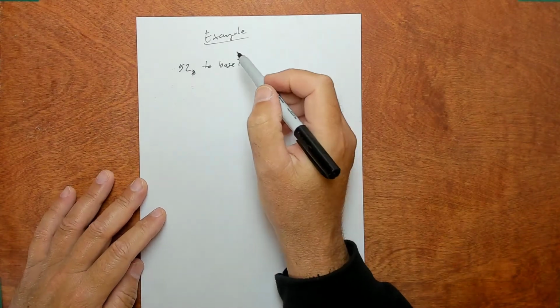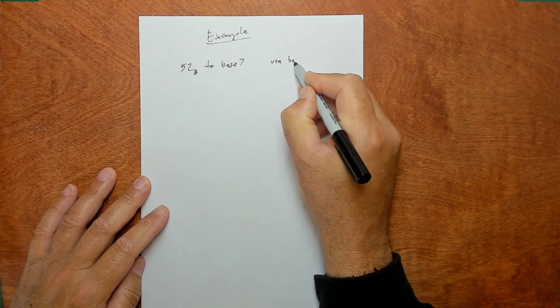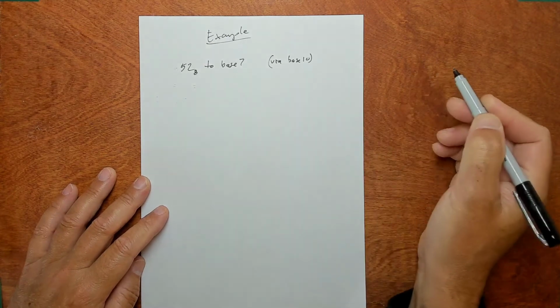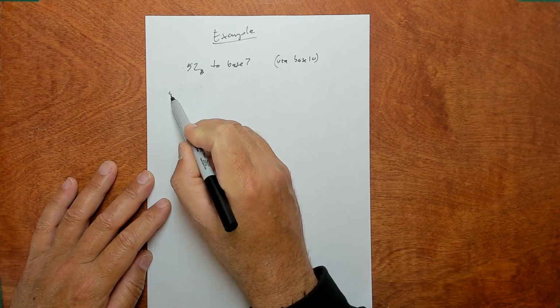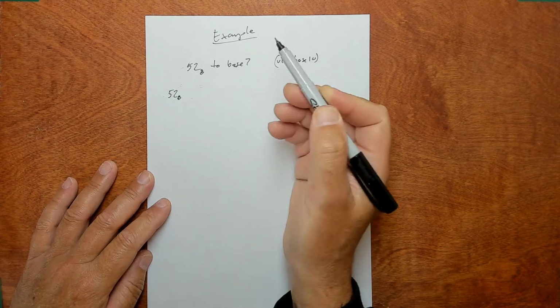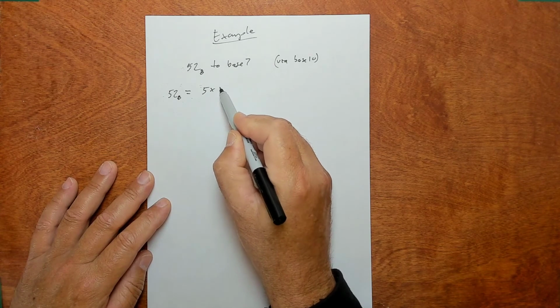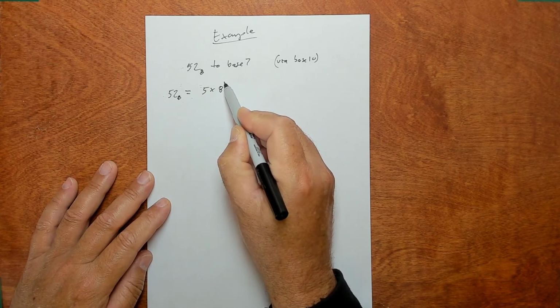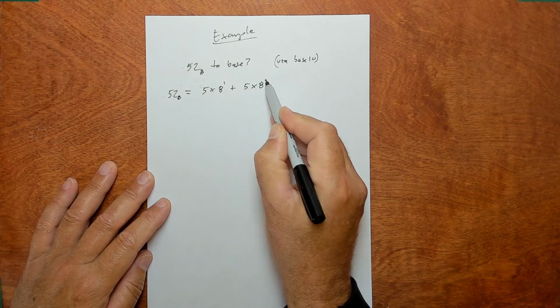Okay, so you have to go via base 10 because otherwise it's just too hard. So 52 base 8. What is that in decimal? It's going to be 5 times 8 to the 1 plus 2 times 8 to the 0.